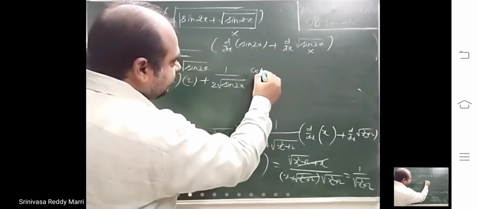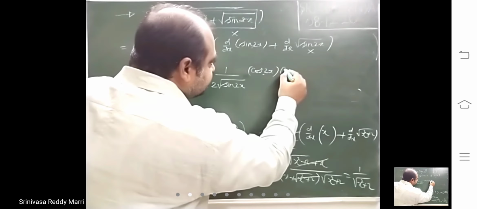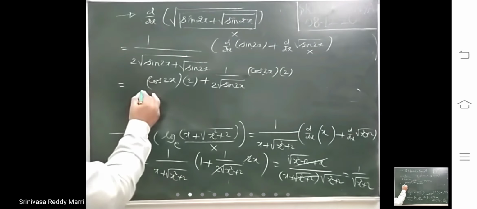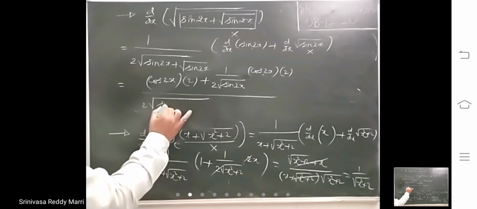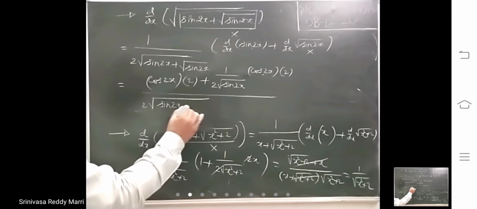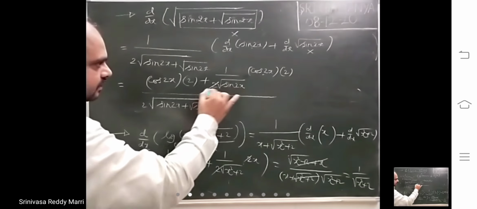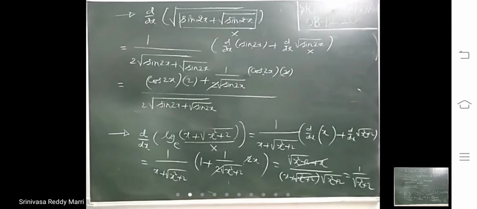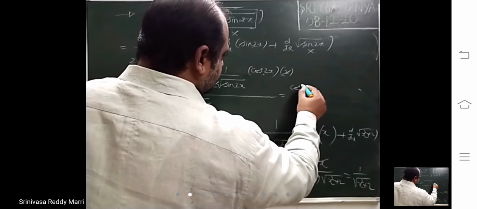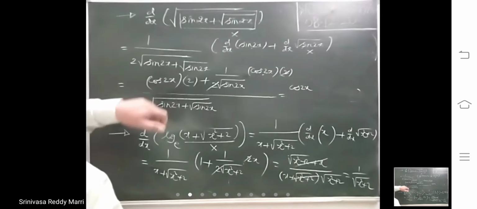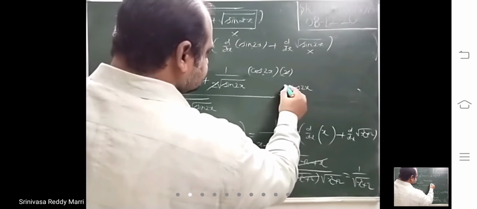D by dx of sine 2x means cos 2x into derivative of 2x, that means 2, divided by 2 root of sine 2x. Taking the LCM, here you will get 2 cos 2x.